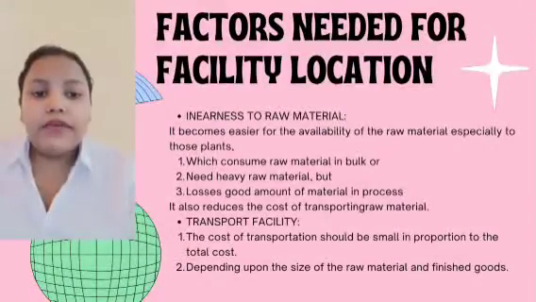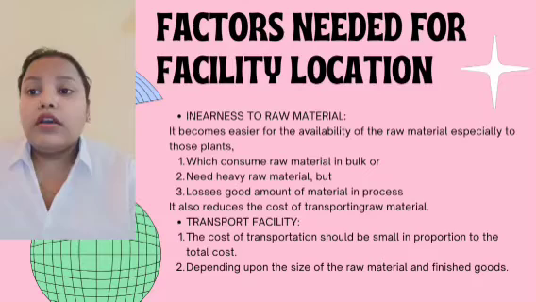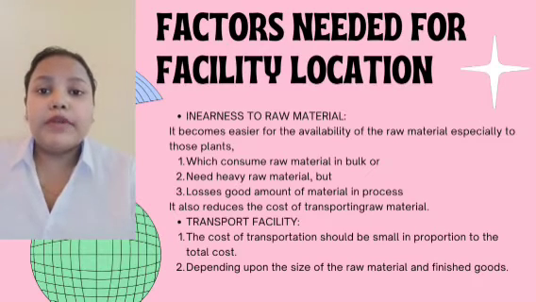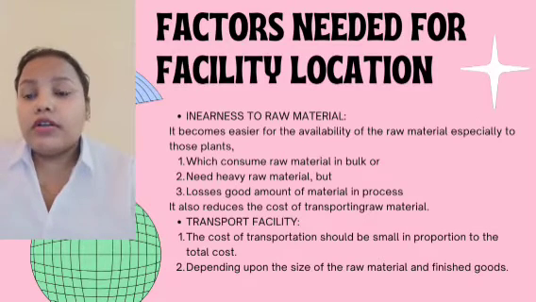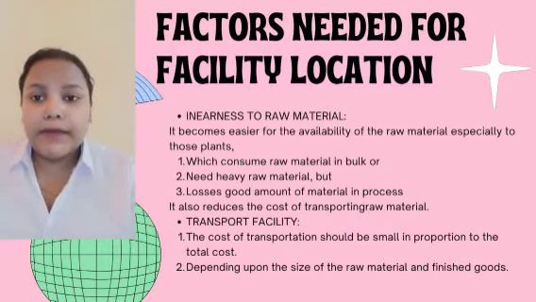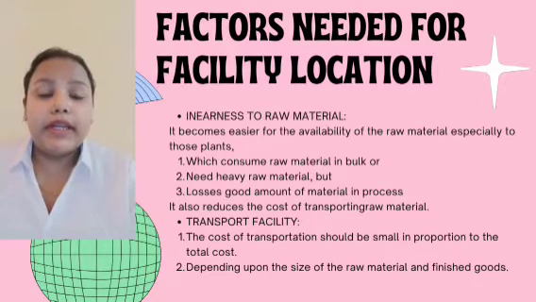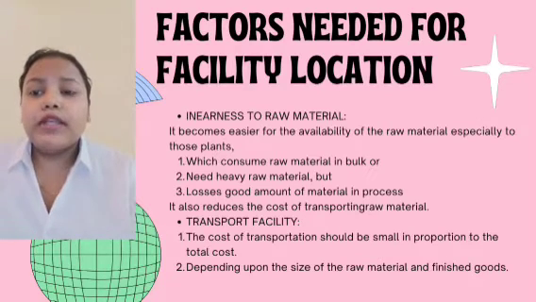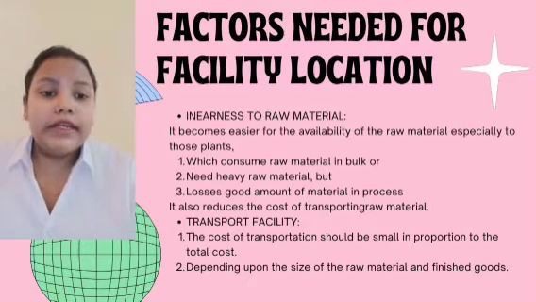For a new location, we have to see that the availability of raw material is easier, especially for those plants which consume raw material in bulk, the factories which order raw material in large quantities. If they are using very heavy raw materials like steel, this type of factory needs raw material near its location.